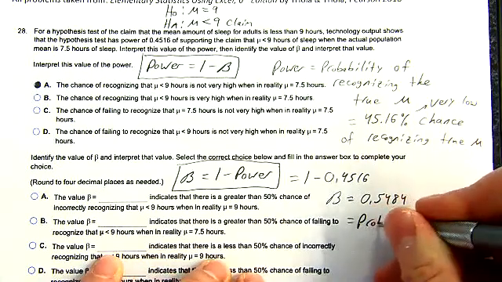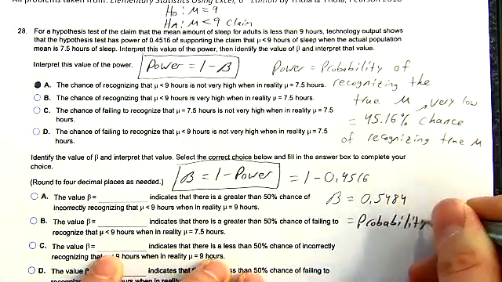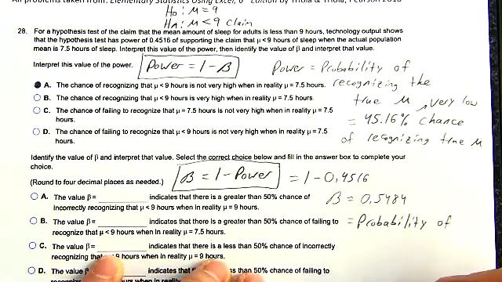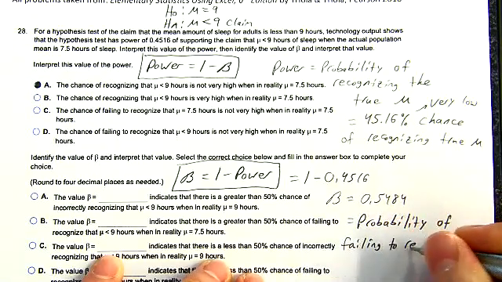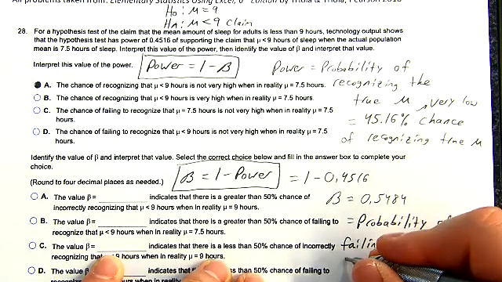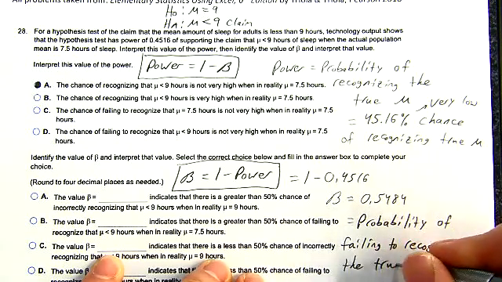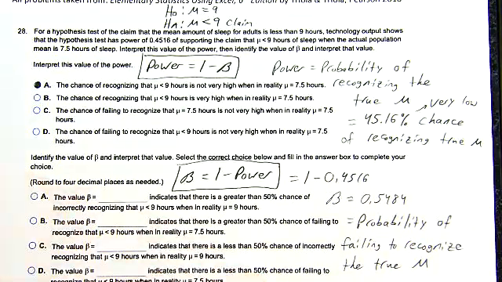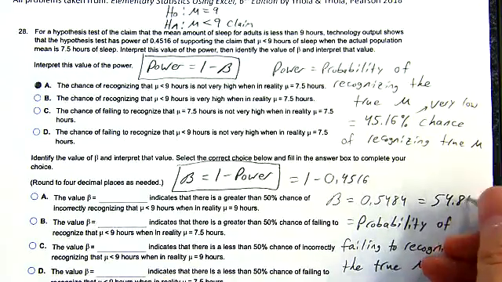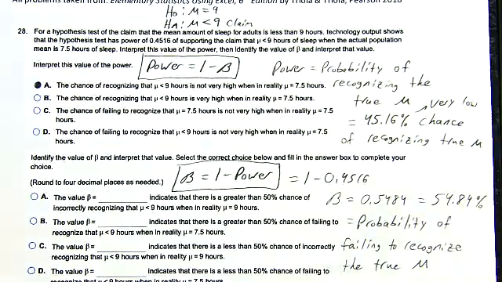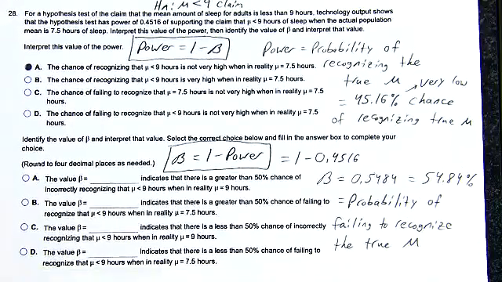This is the probability of failing to recognize the true mu. So in this case, we have a 54.84% chance of failing to recognize the true mean amount of sleep.